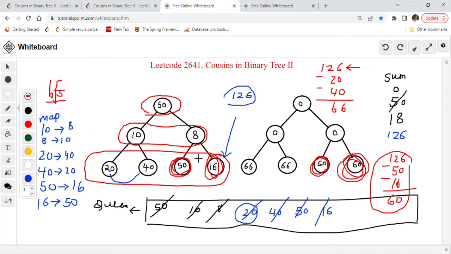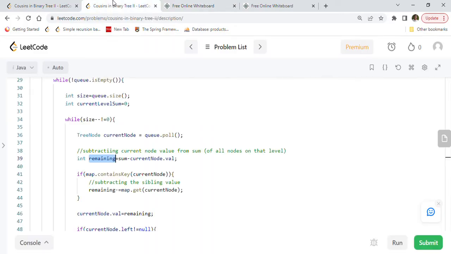For example, when you are processing this node 20, the total sum you already calculated for that level is 126, right? Because before processing 20, you have to add all the nodes for that level. So you already know this sum for this level, 126 for example.